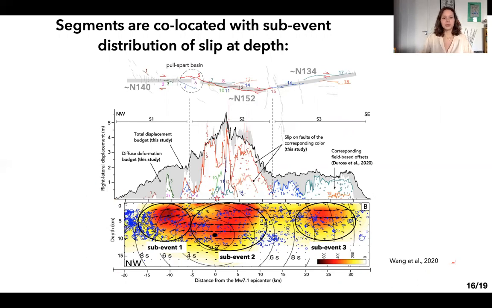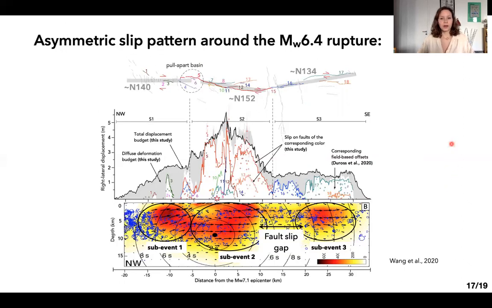And you can see that you do have three sub-events at depth, roughly located under the three segments we inferred at the surface. However, we see a fault gap between sub-event 2 and sub-event 3, which is located just after the connection with the magnitude 6.4 rupture.